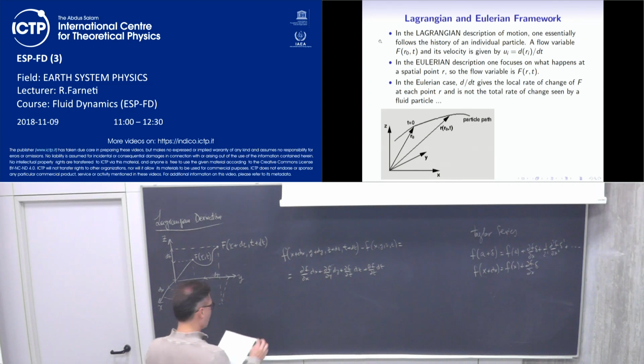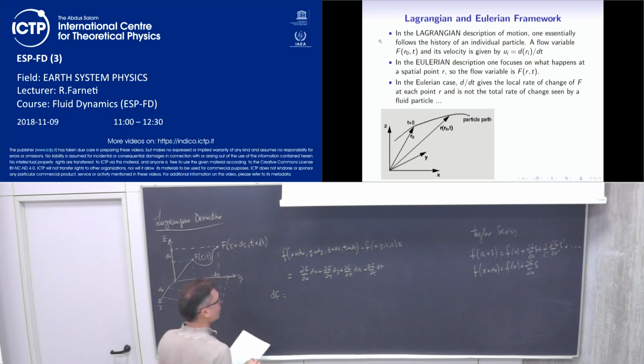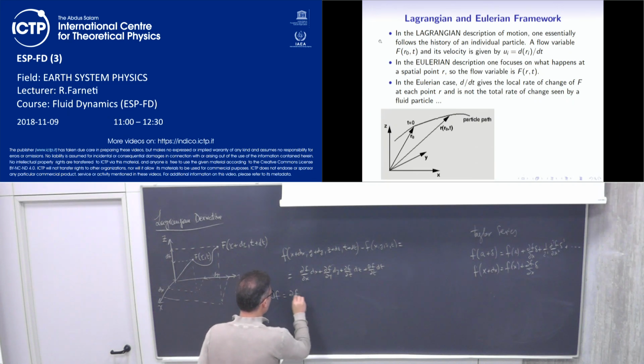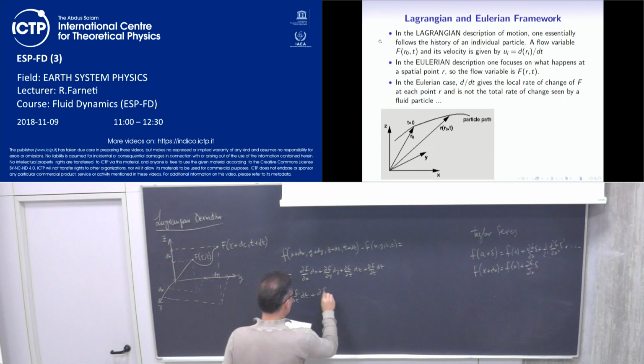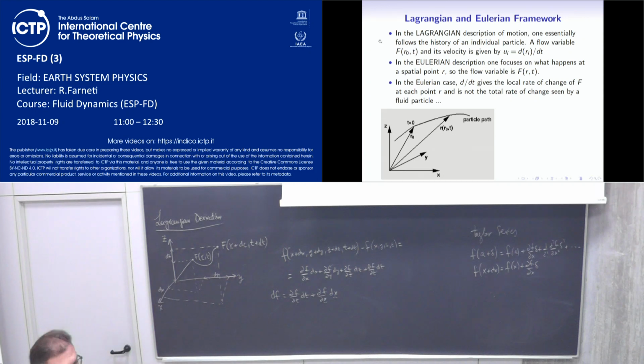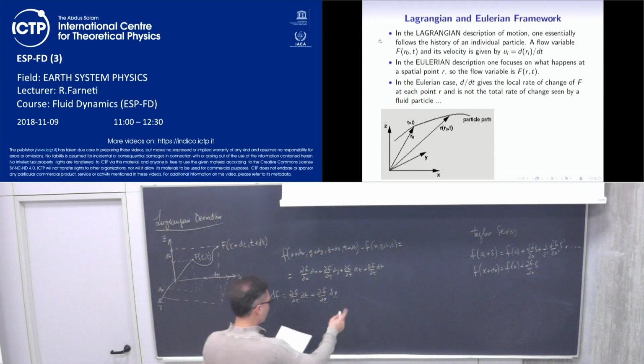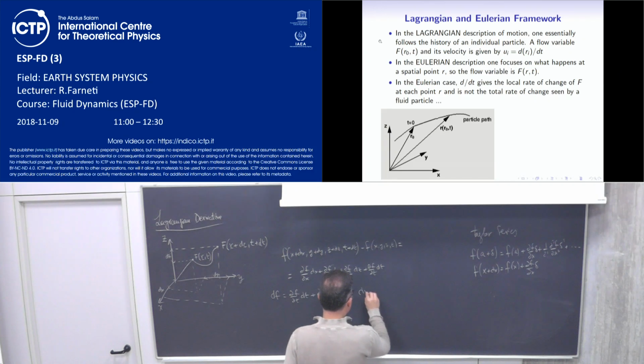So we can write this as the increment, so the changes in f are equal to the changes in time plus the changes in space. Okay? So the rate of change of f is given by the changes in time and the changes in space.